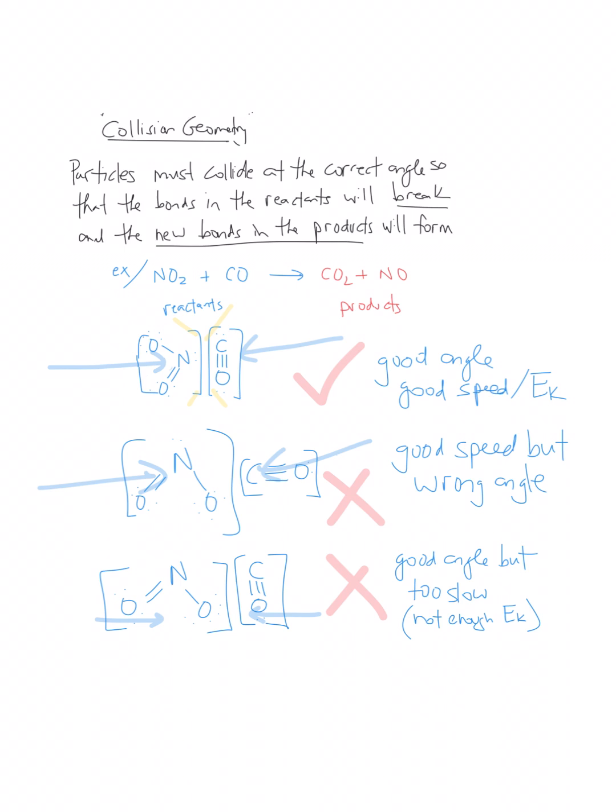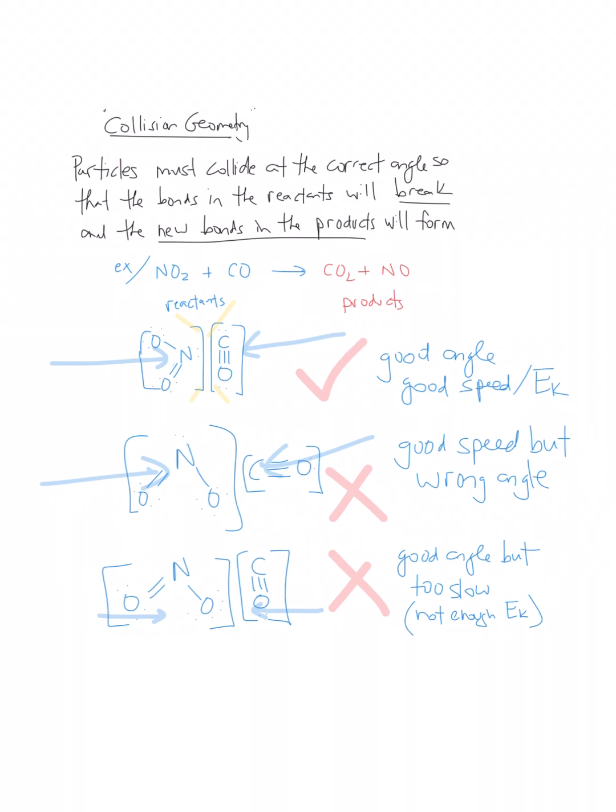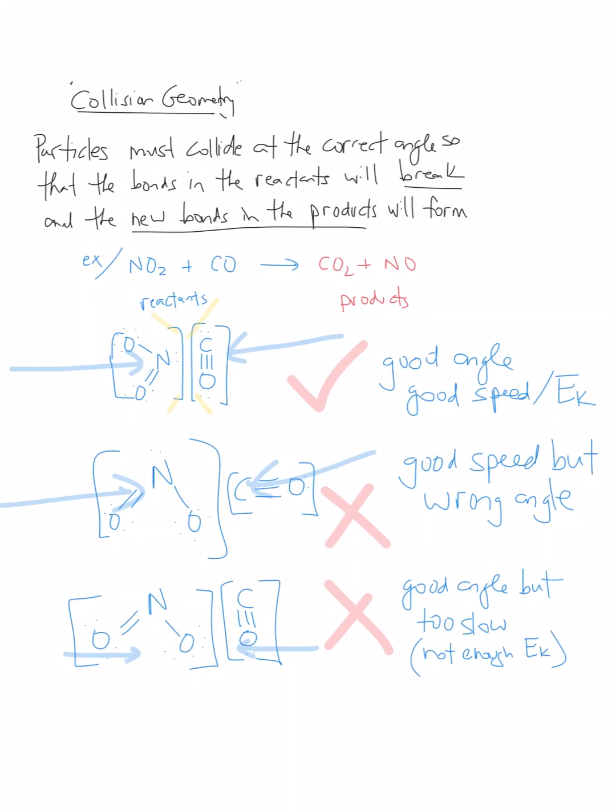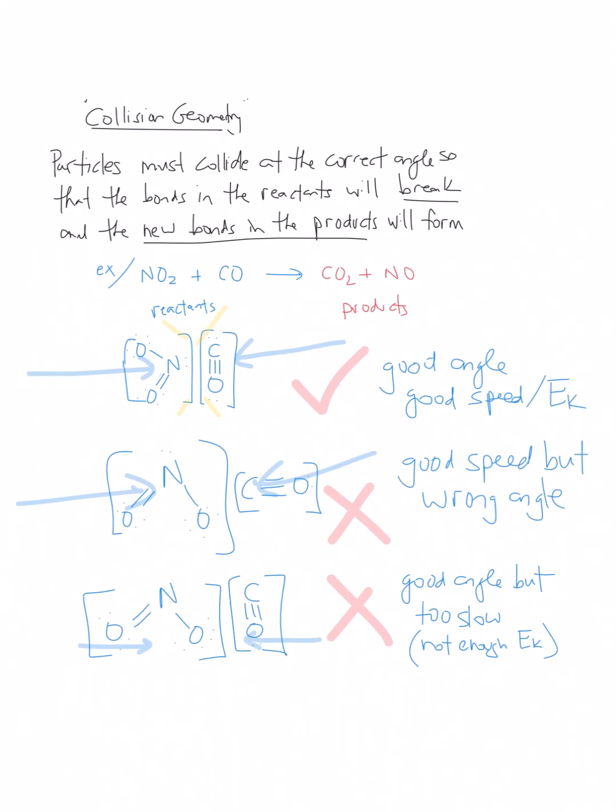So let's break down this collision geometry aspect a little bit more. If we examine the geometry of a collision, meaning we look at the angle with which particles are colliding, there's going to be an acceptable range in that angle, and there are going to be some ways that molecules hit that will not result in a successful collision.